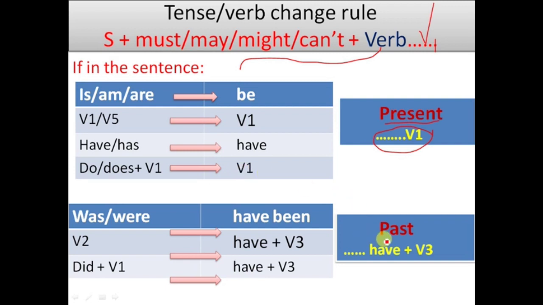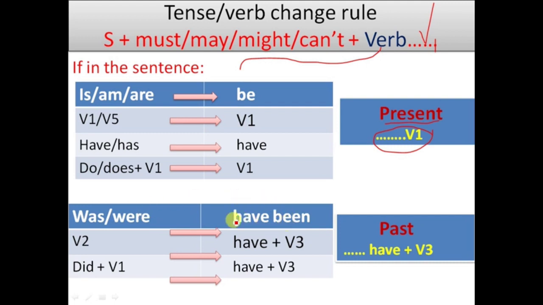Similarly, if the given tense is in past, we have to use have plus V3 because we can't use V2 after modal verbs. Therefore we have to use past infinitive, that is known as have plus V3. It means if there is was, were, change it into have plus V3. Have and V3 form of was and were is been.